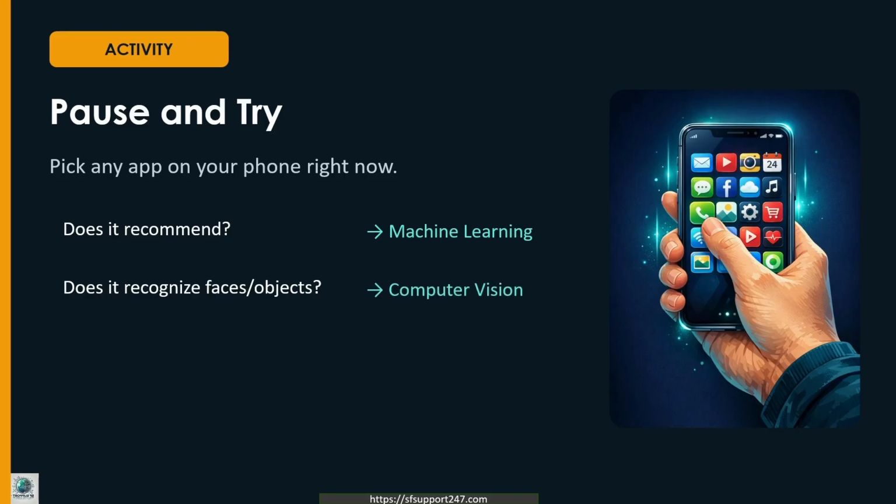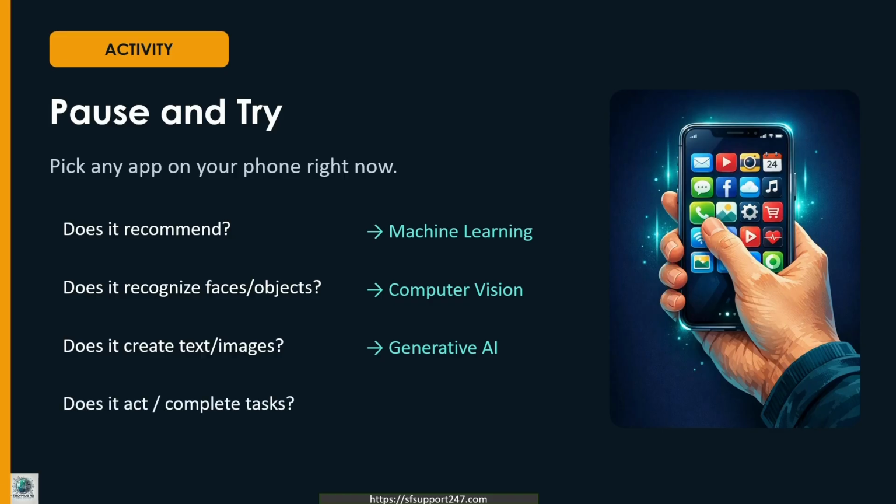Check that. That is computer vision. The third one is text or images generation, like ChatGPT generating images and text. Use other tools in your phone, see and classify them. Does it complete the task? If you say something, is it able to go and complete the task? Is that kind of app there in your phone or not? Check that. This is where new apps are going to come.